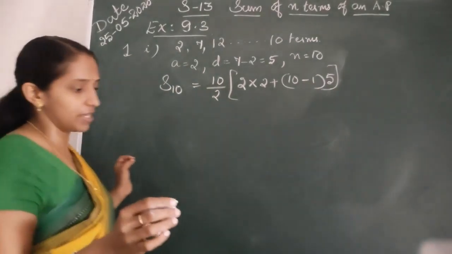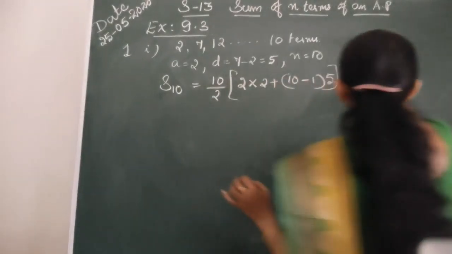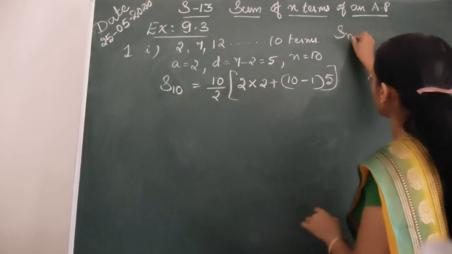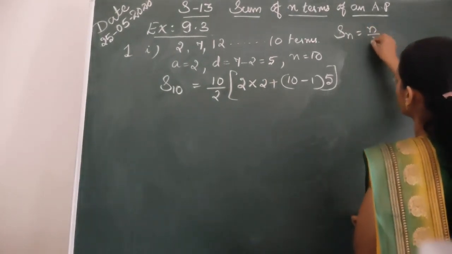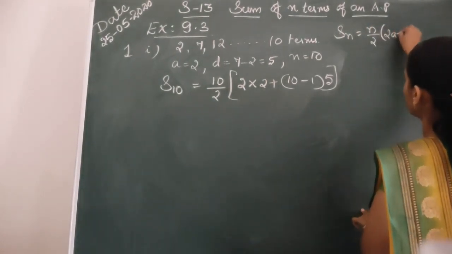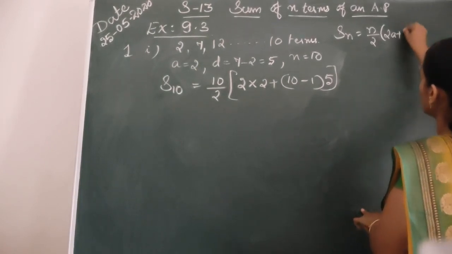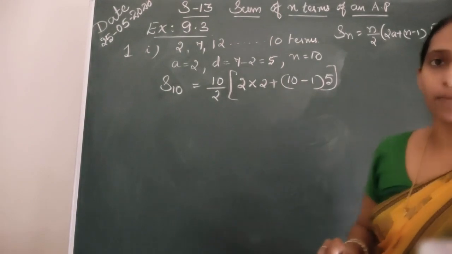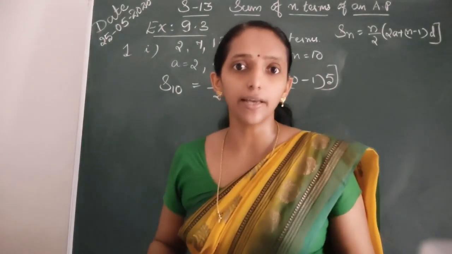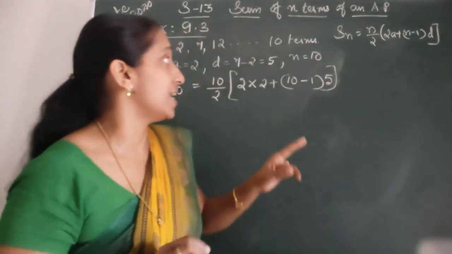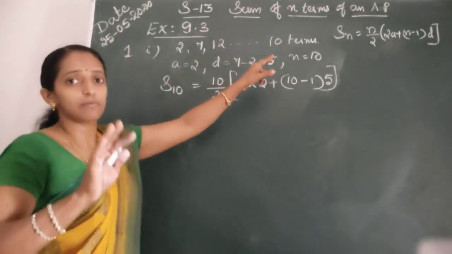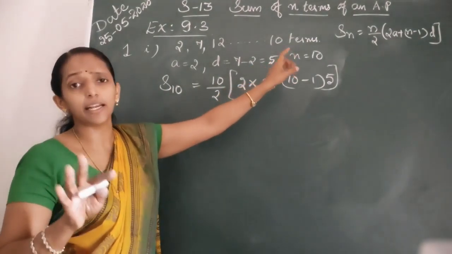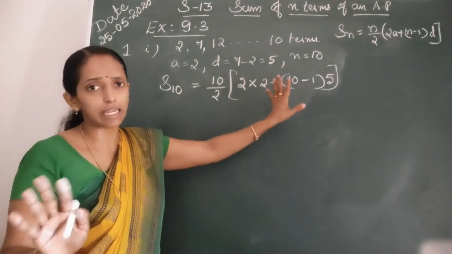Those who are having confusion, I am noting down the formula here once. Sn equal to n by 2 into 2a plus n minus 1 into d. And substituting, because wherever you are writing the formula directly, no use, you won't get any mark.